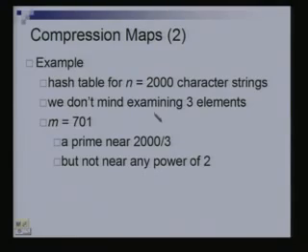So if you are going to be using that kind of a compression map, which is just key mod m, then keep in mind that your m should definitely not be a power of 2 or even close to a power of 2, and it should preferably be a prime number. Sir, being not a prime number but being far from a power of 2, that would also work? That should also work.